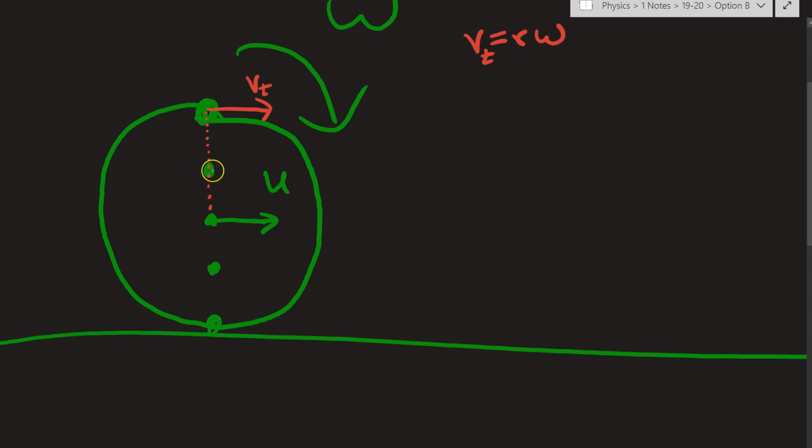But this point's tangential velocity around the center of mass is not going to be as large as the point at the top, because the point at the top is farther away from the axis of rotation. So if this point is literally 1/2 of the way to the outside edge, then because it depends on r, the tangential velocity would also be 1/2.